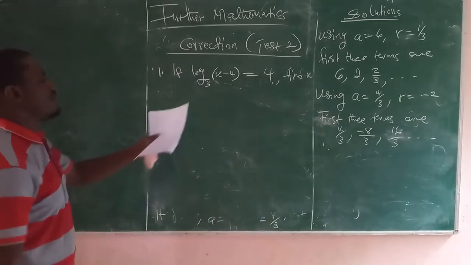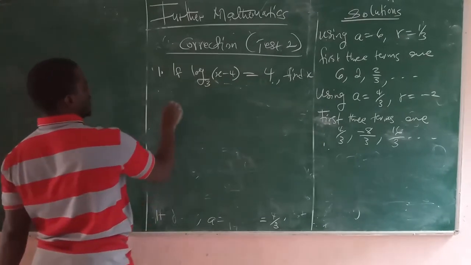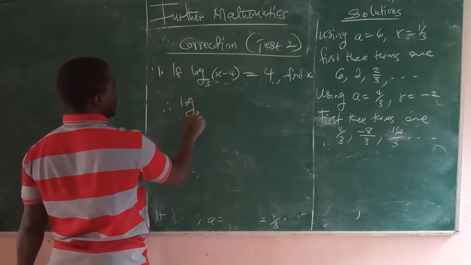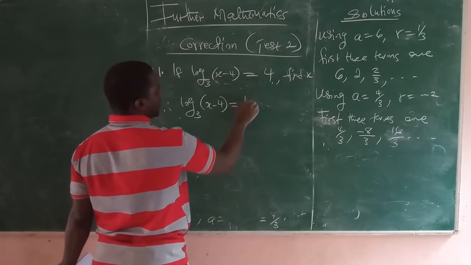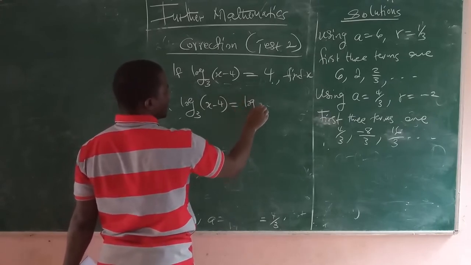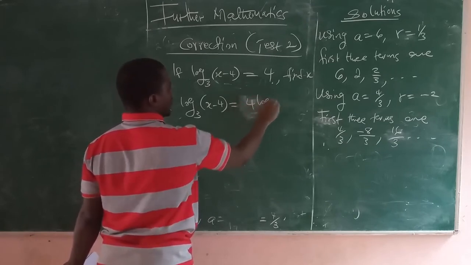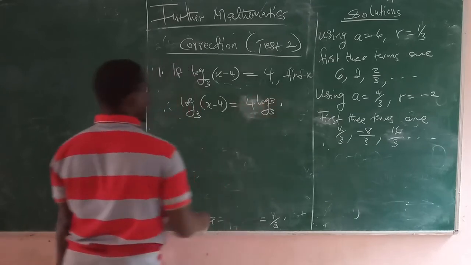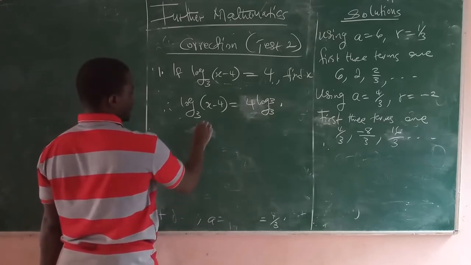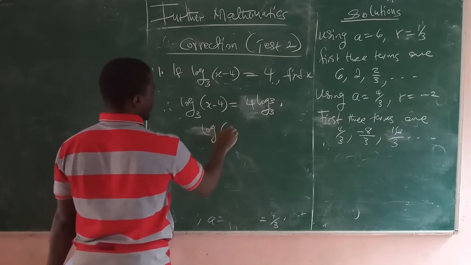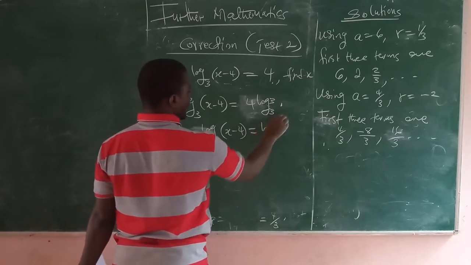All I need to do is to introduce the log of base 3 on this term. So I will say, therefore, log base 3 of x minus 4 is equal to, I taught you this already, 4 log 3 base 3. Simple. And so log base 3 of x minus 4 is equal to log 3 power 4 base 3.